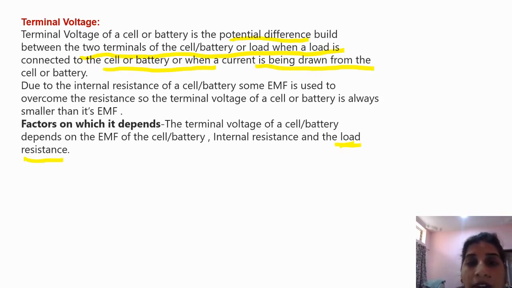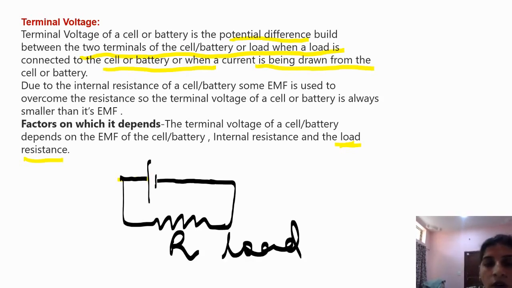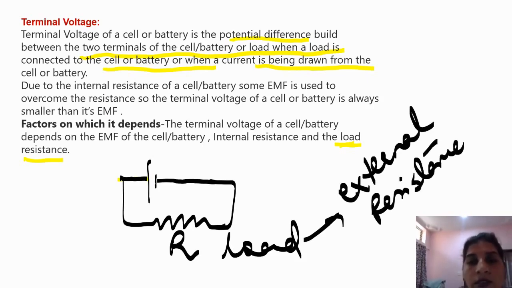Okay. Now try to understand how your circuit will be. Suppose I take one cell and I connect it with one resistor R. This resistor R is called the load, or it is also called the external resistance.